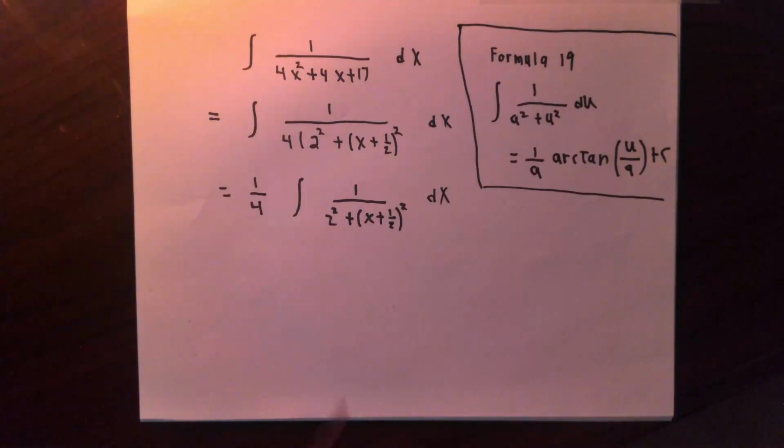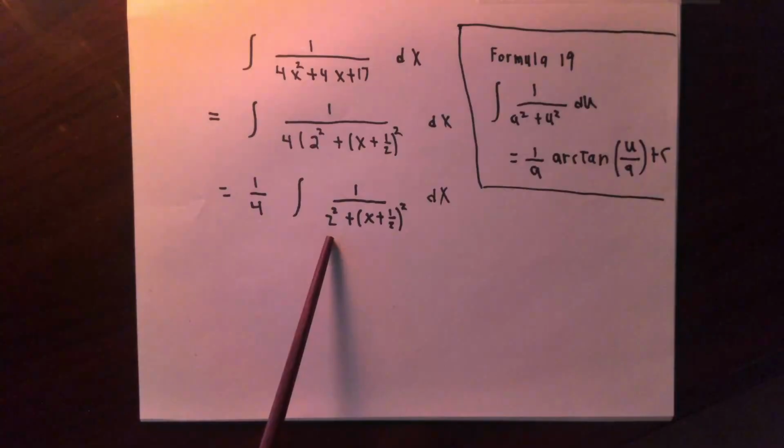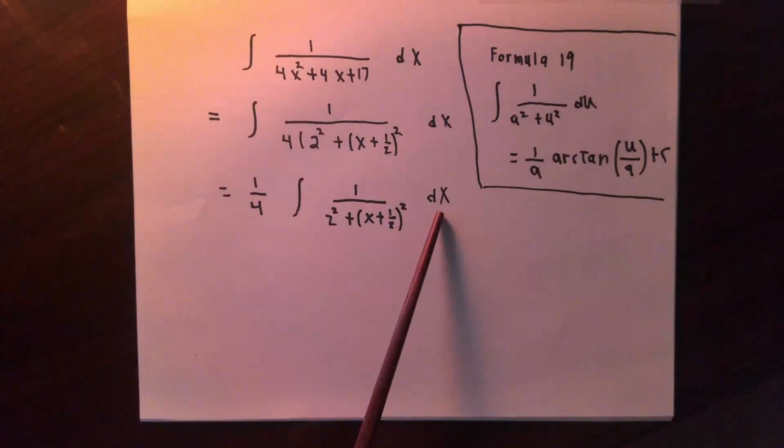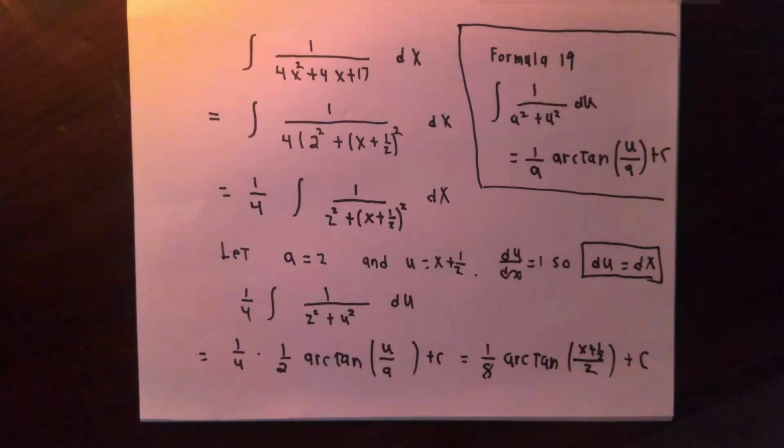Looking at what we have, obviously a is going to be 2, and u is going to be x plus 1/2. Although it's not going to cause any difficulties in this case, we do need to philosophically be aware of the dx, so we'll be very explicit about this. du dx is 1, so du and dx are the same. That's why it causes no issue.